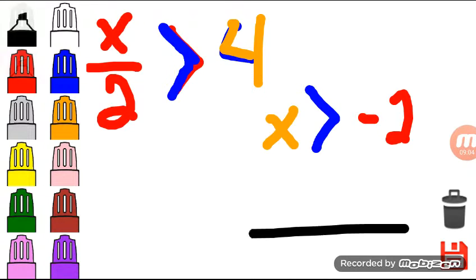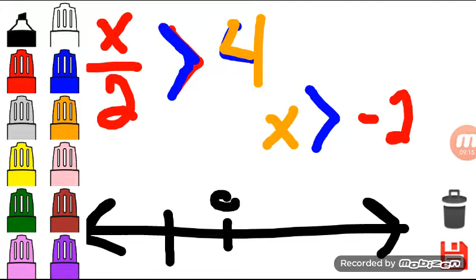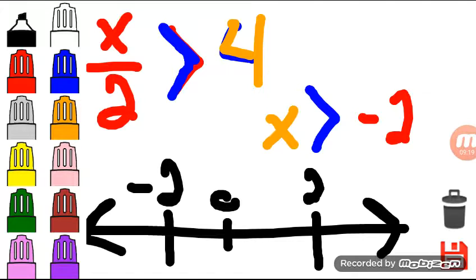We're going to put our number line as 0 and arrows. Because it's negative 2, I'm going to put my 2 and negative 2. And we're going to go to the answer, which is at our negative 2 spot.